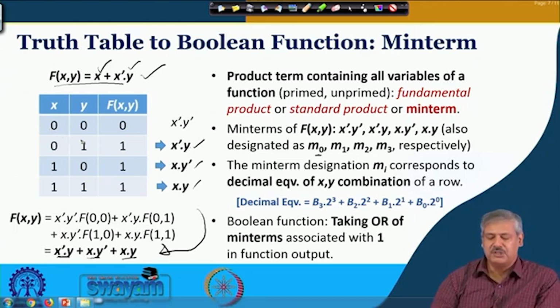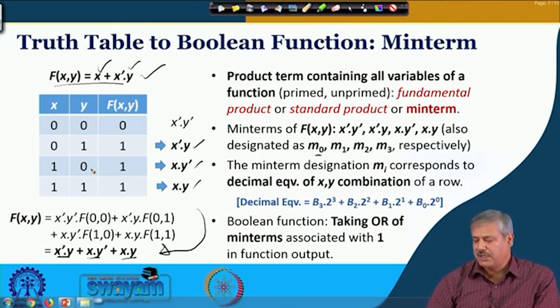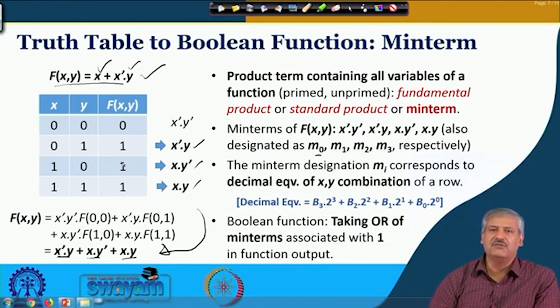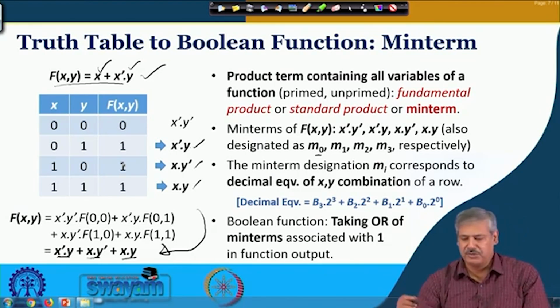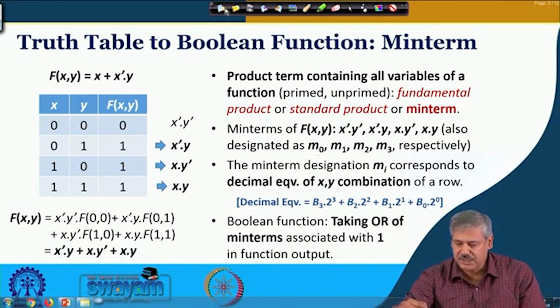So, 0 0 is 0, 0 1 is 1, 1 0 is 2, and 1 1 is 3. That is why m0, m1, m2, m3, that is how it is mentioned. And finally, the function is obtained by ORing all the min terms that have 1 in the function output that we notice here.